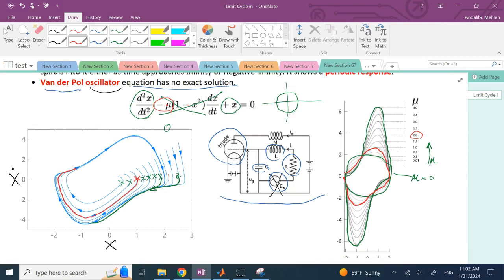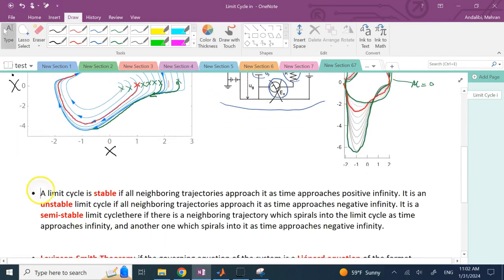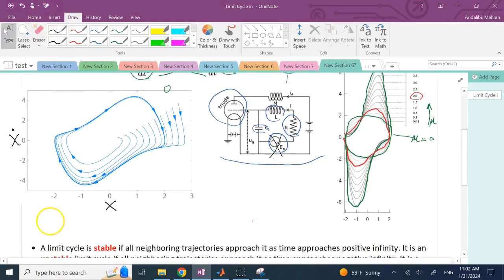So, as I said, the limit cycle could be stable, like what we have in this van der Pol oscillator, but there are two other scenarios. The other scenario is that it could be unstable, or a repelling limit cycle. Let me draw a shape for you.